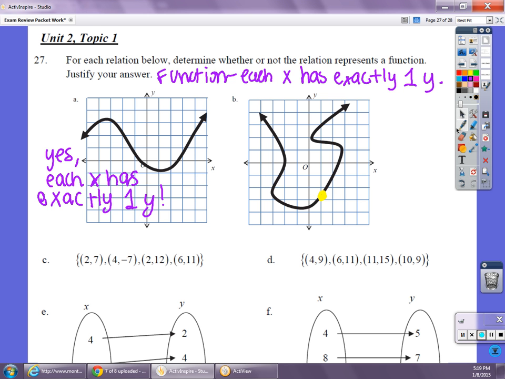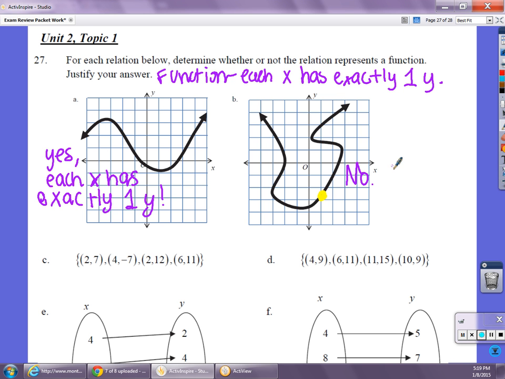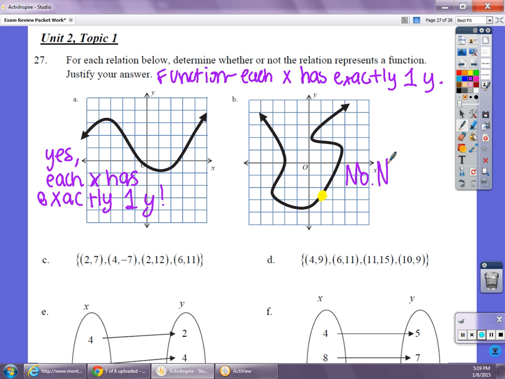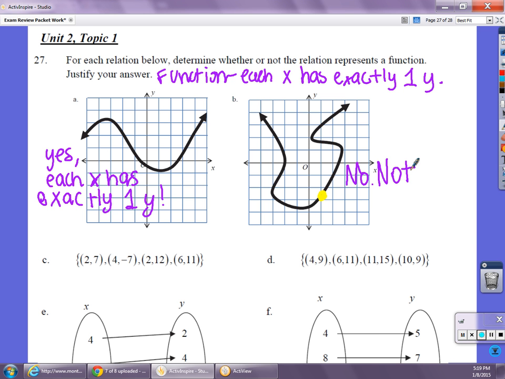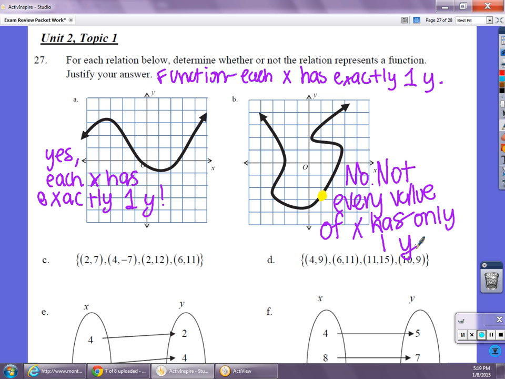So we're going to say no, not every value of x has only one y.